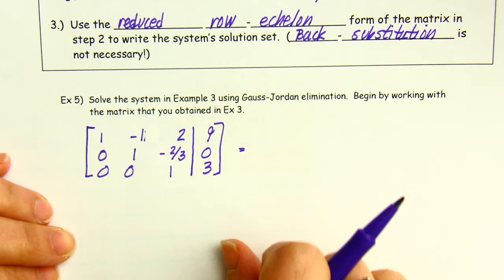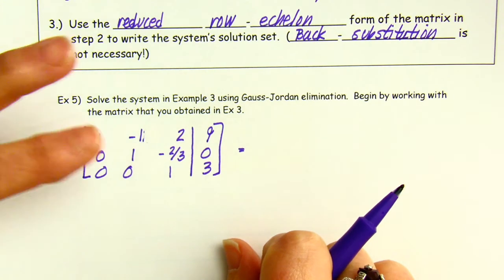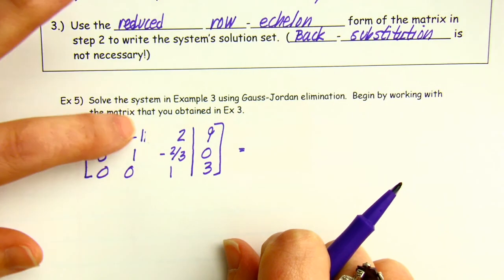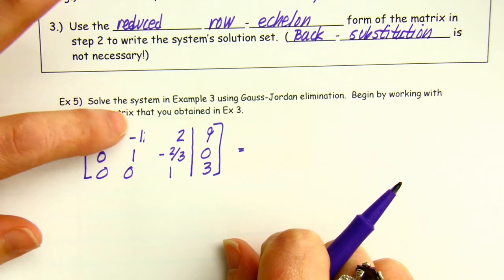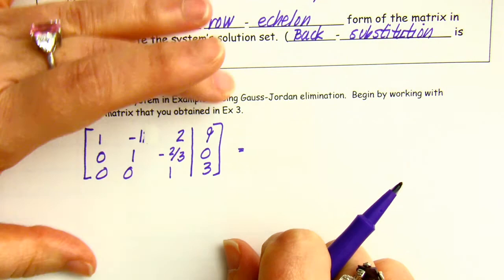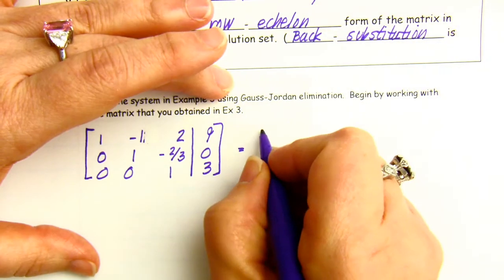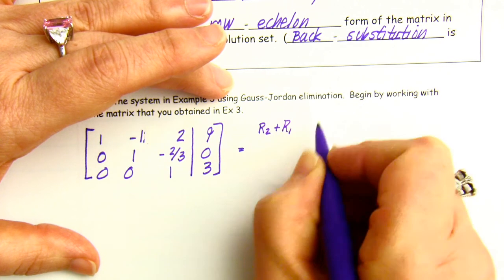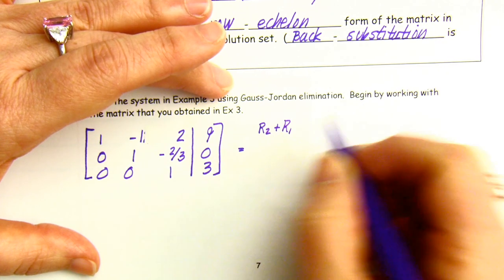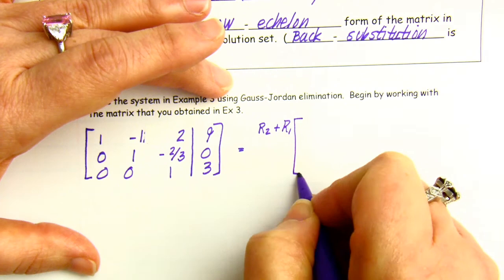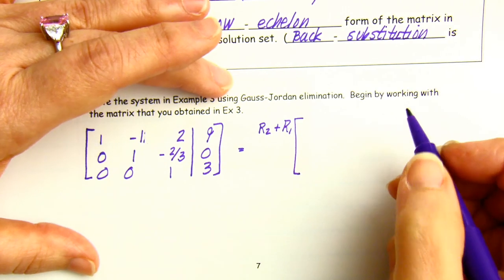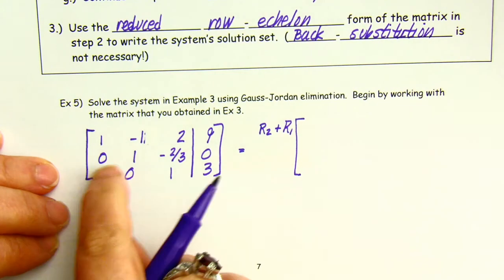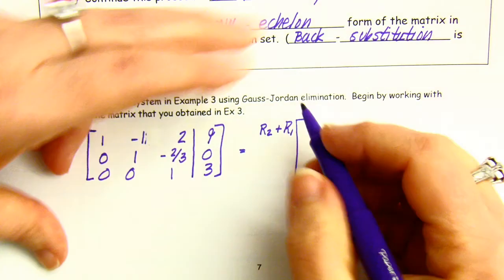All right, so what row operation could I do? Well, if I add rows 1 and 2 and replace row 1, that will give me a 0, right? -1 + 1 is 0. So for my workspace, row 2 plus row 1 gets replaced. Row 2, 0 plus row 1, 1.